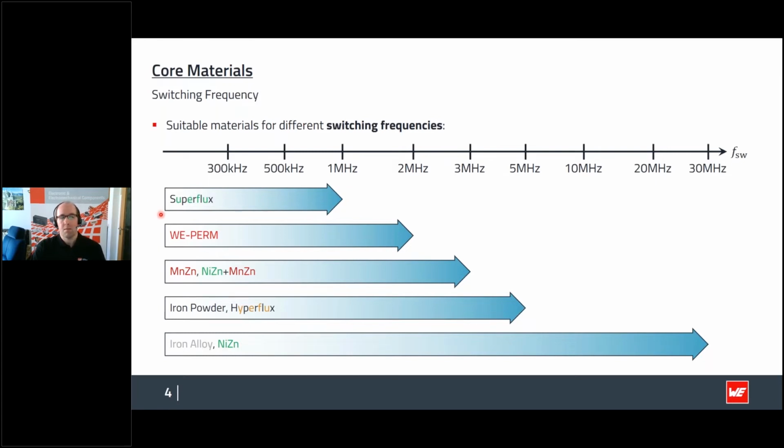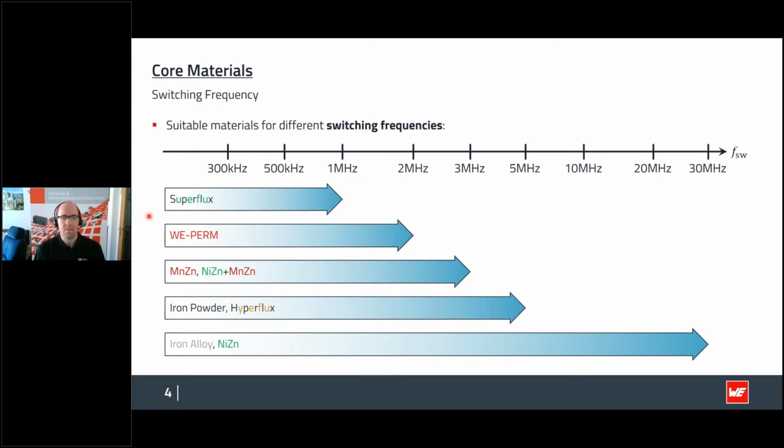It's basically based on iron oxide with some additional content of nickel oxide and zinc oxide, but the highest content is iron oxide. Iron has good conductivity, so we create core losses due to eddy currents.